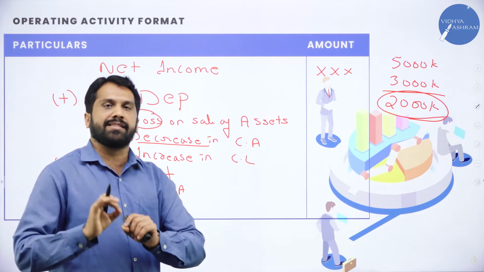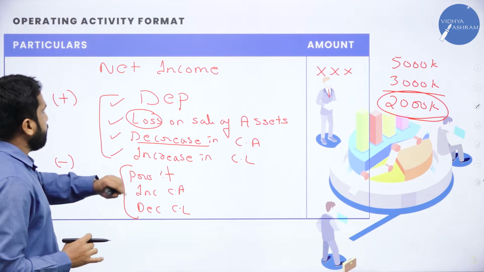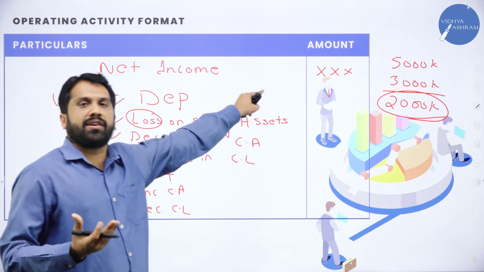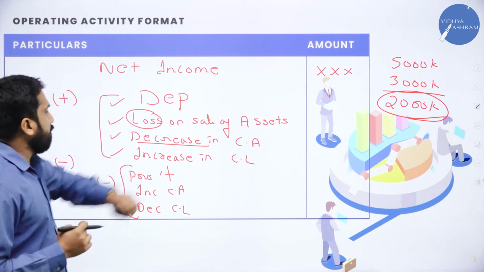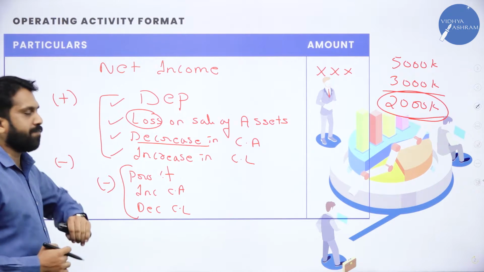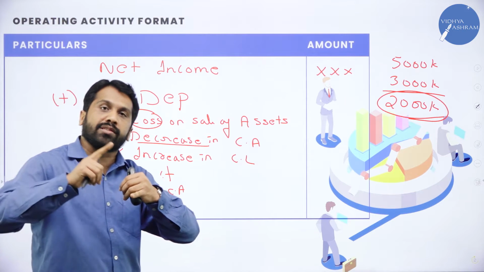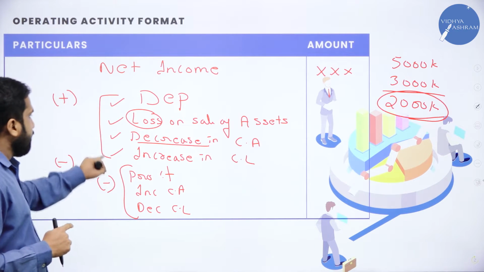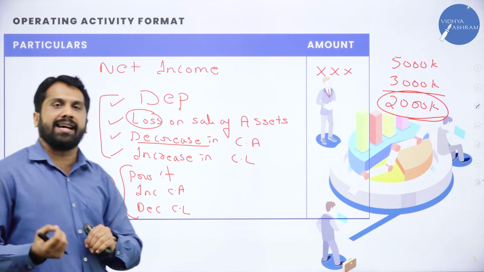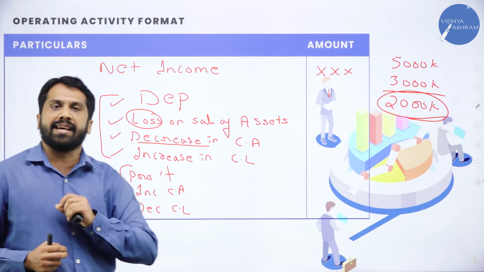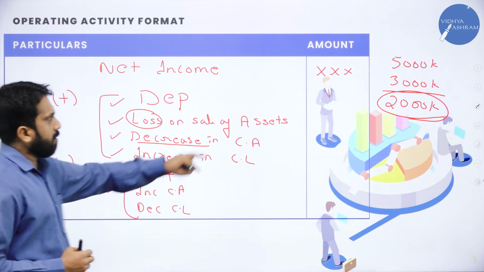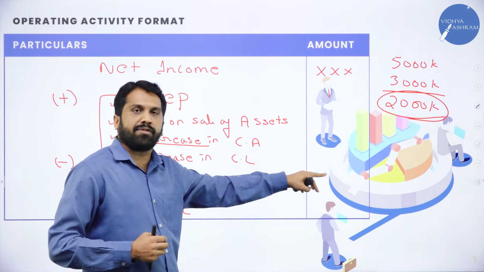Your format is very simple. You have to remember, first thing is your net income. After that, which are the things you should add? Depreciation, loss on sale of asset, then decrease in current asset and increase in current liability. From this you have to add, you have to minus.